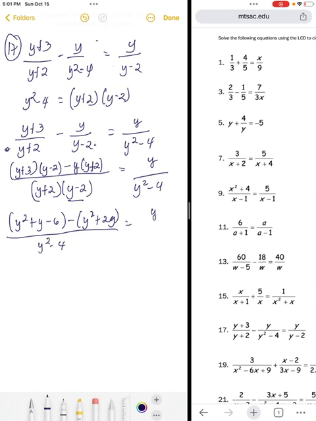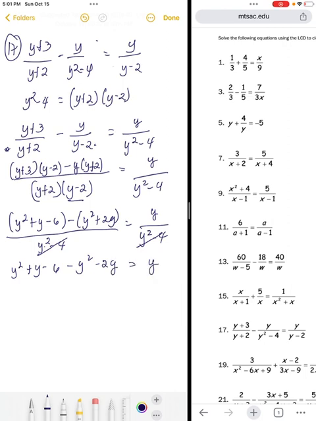So, sa kabila, I will have there y over y squared minus 4. Then, you know that since parehong y squared minus 4 yan, pwede na itong makancel out. So, removing the parenthesis, I will have there y squared plus y minus 6 minus y squared minus 2y equals y.